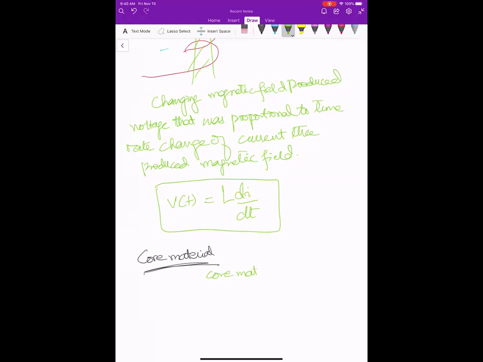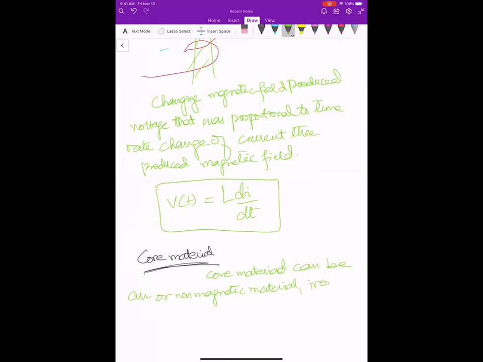The core material can be air or non-magnetic material.